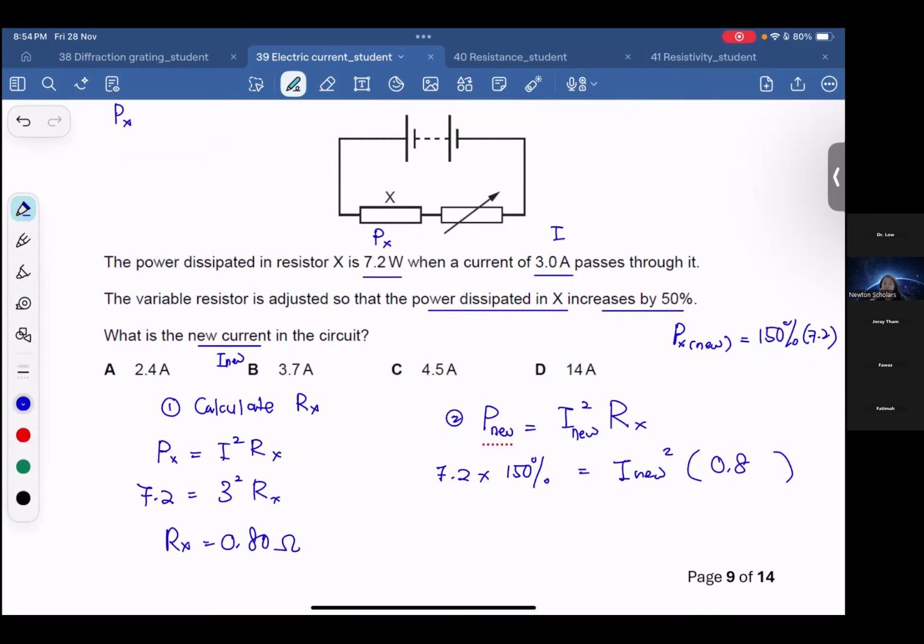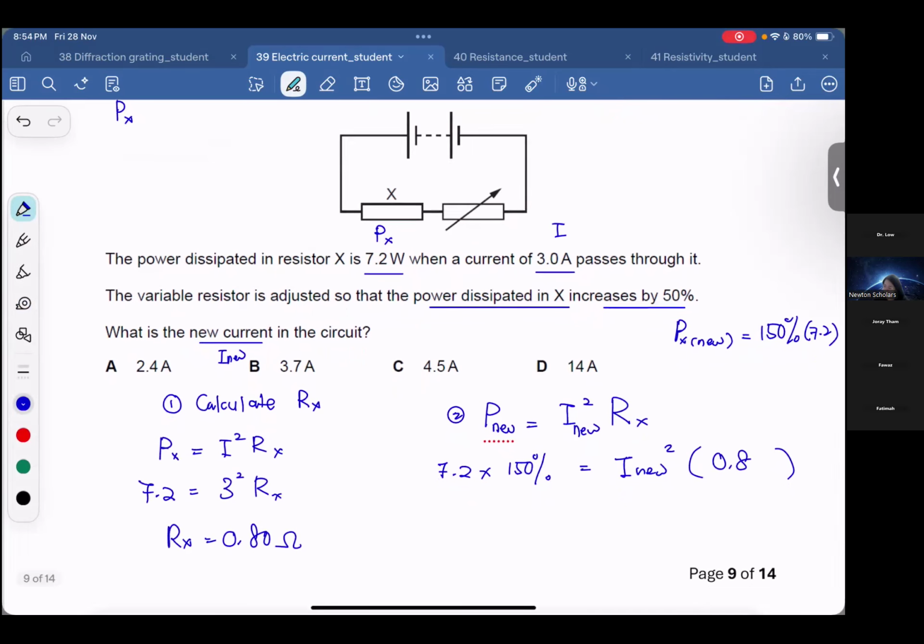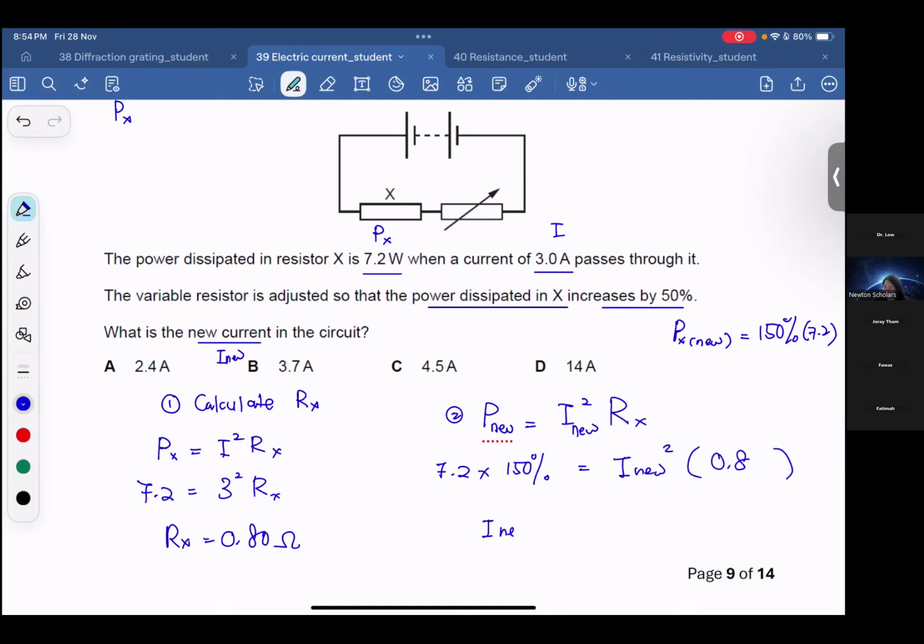Because they are the same, a fixed resistor, the resistance value will not be changed. So at the end, your I new, don't forget to square root it, okay? Your answer should be 3.78. If you are using I square R without the square root, you will get 13.5 ampere. That's why you choose D. But the answer is not D, because you have to square root it. So the answer should be B.